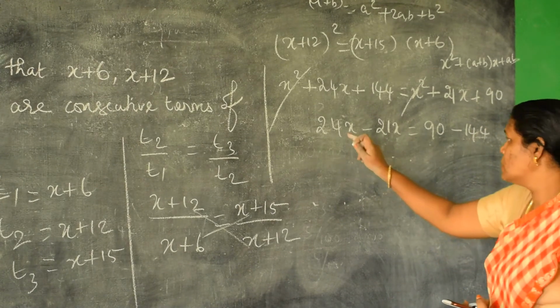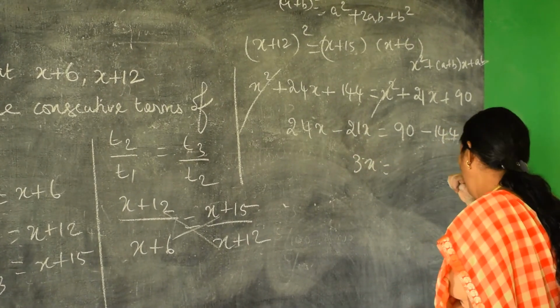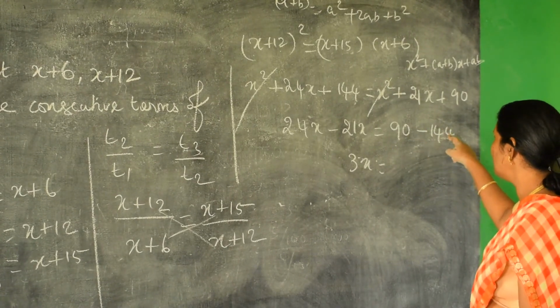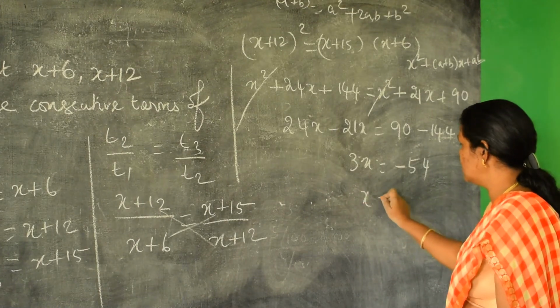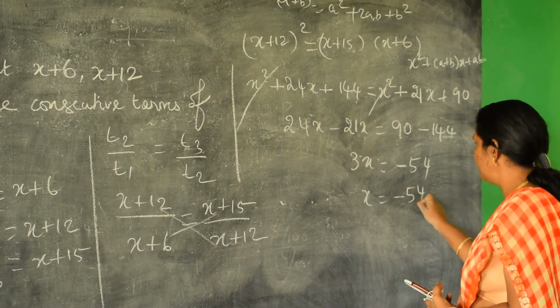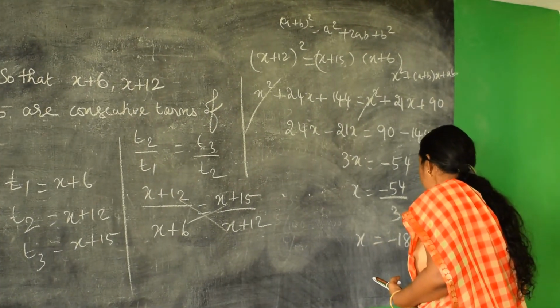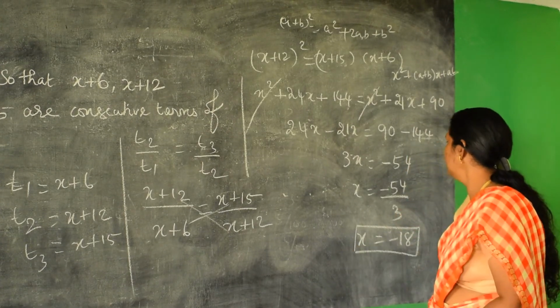Do you understand? 24 minus 21 is 3. 90 minus 144 is minus 54. So x is equal to minus 54 by 3. So I am getting x is equal to minus 18. Do you understand children?